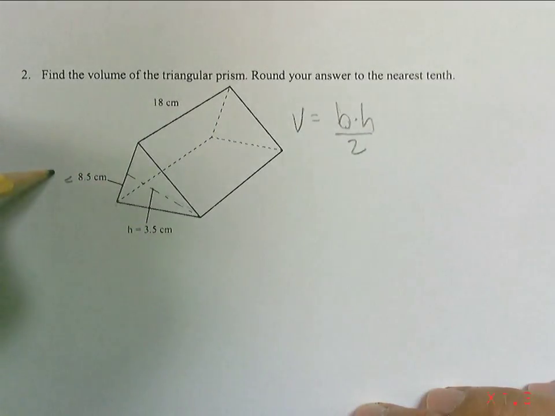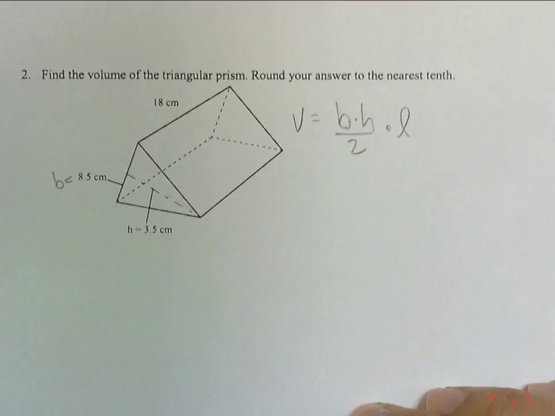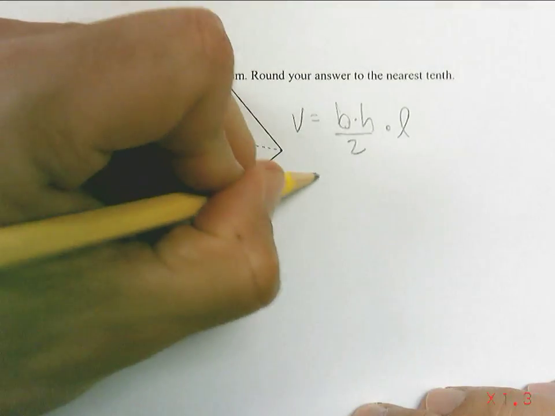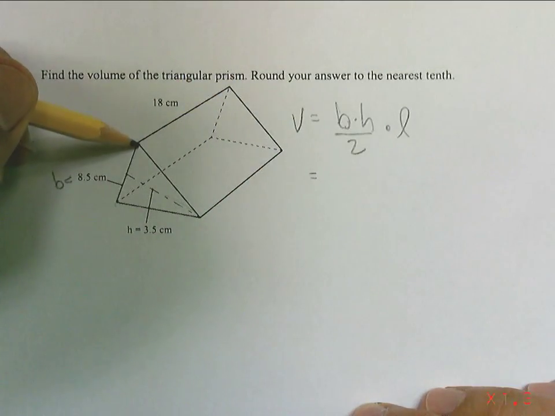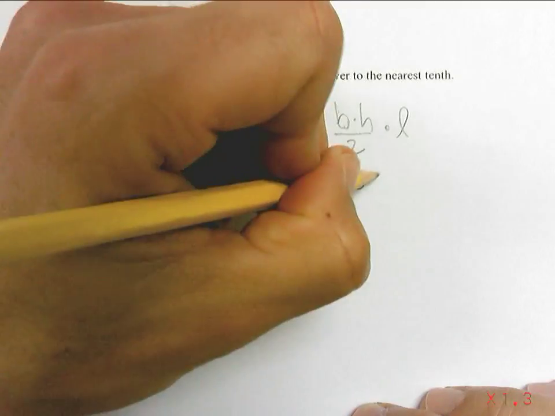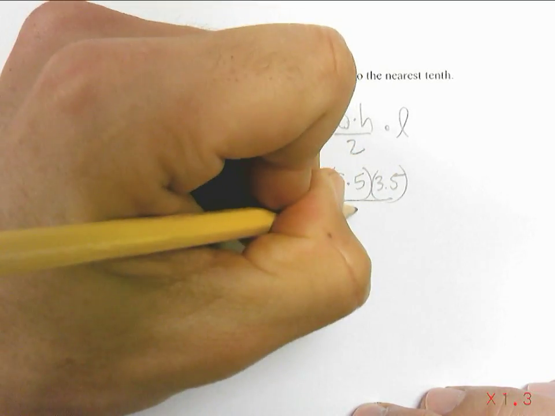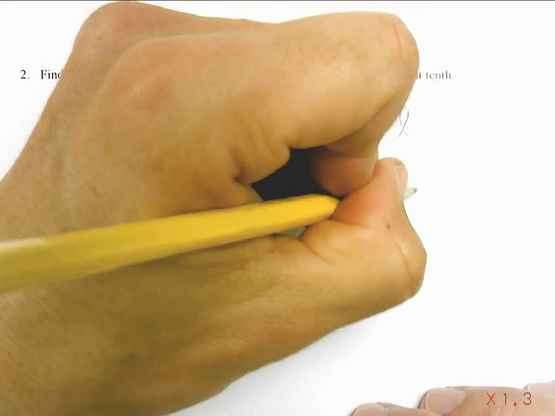This is the base, times the length of it. So you have 8.5 times 3.5 divided by 2 times the length of it, which is 18.